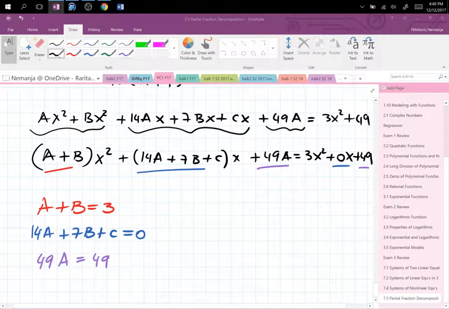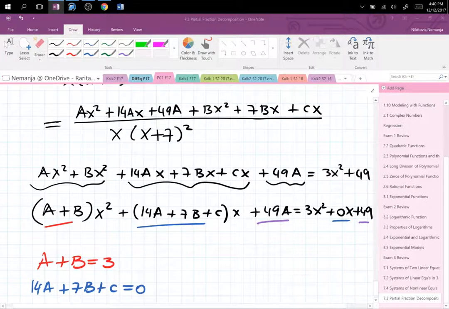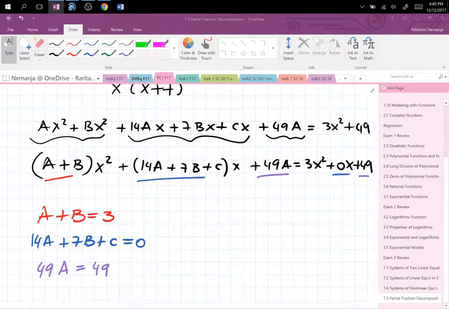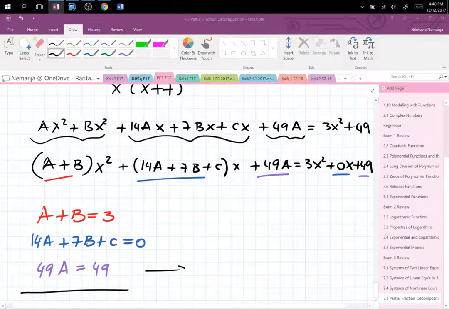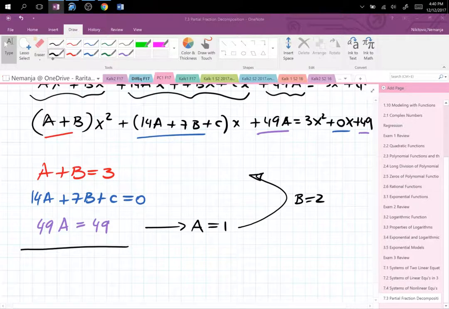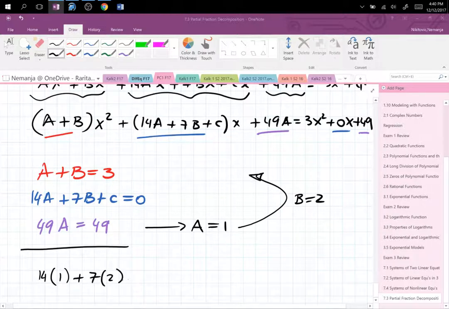Unless you're going to say, but what about? No, you won't say. So a is 1. Nice. Bring that in here. b is 2. So now we have 14 times a, which is 1, plus 7 times b, which is 2, plus c equal to 0.